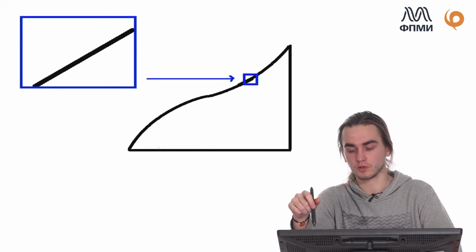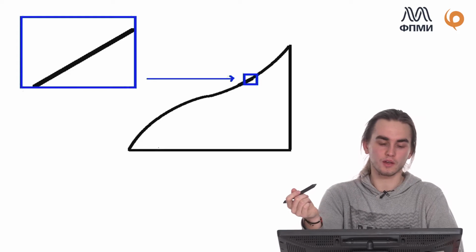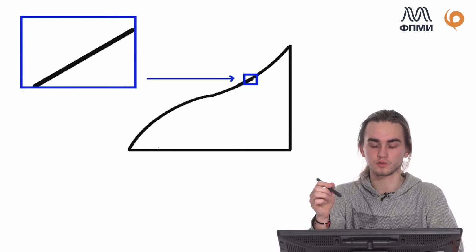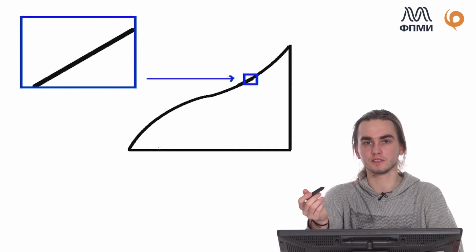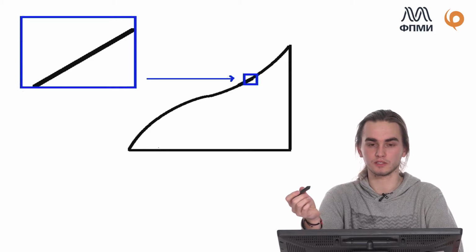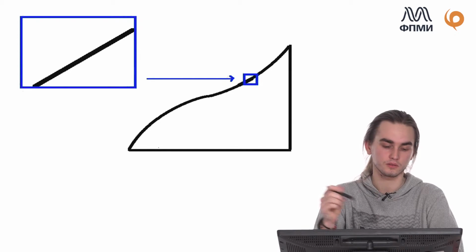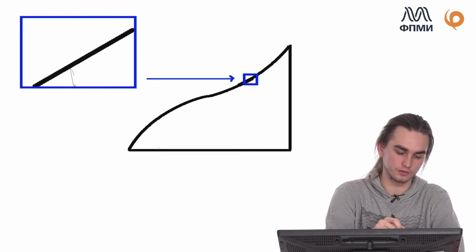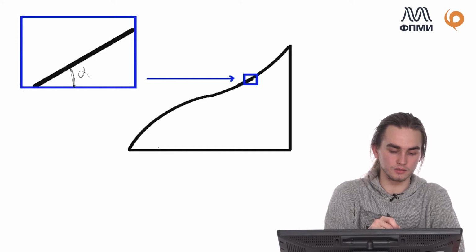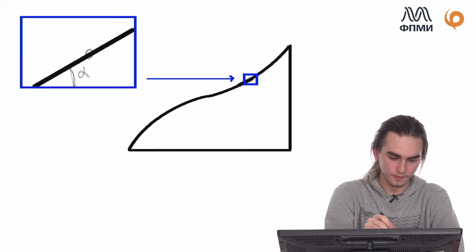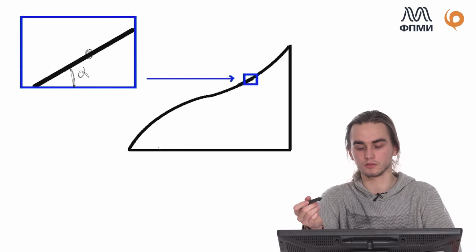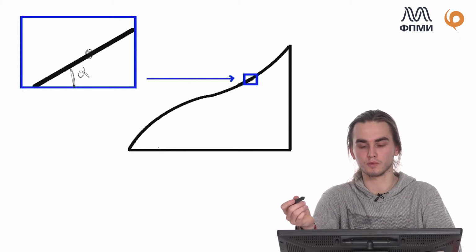If you look at this curve and basically any curve that's smooth enough, you can notice that if you zoom enough, you will see that it's linear. And one thing that changes is the angle, which I will call alpha here. It's only based on the point which we zoom in.